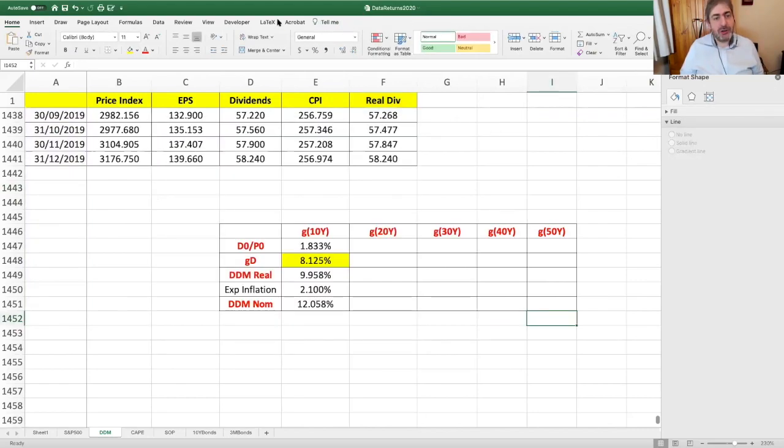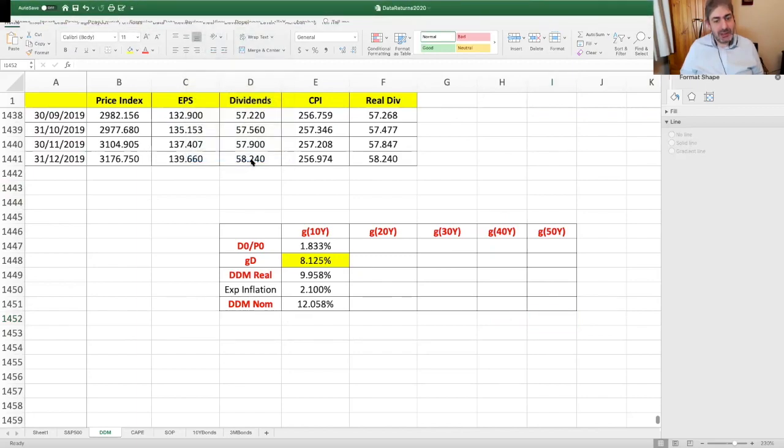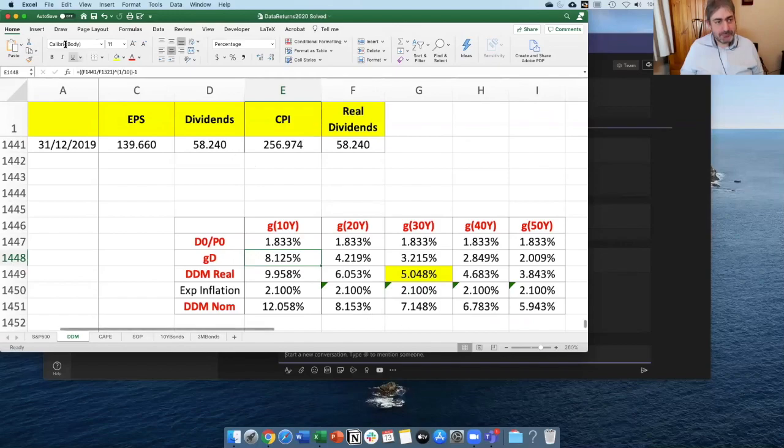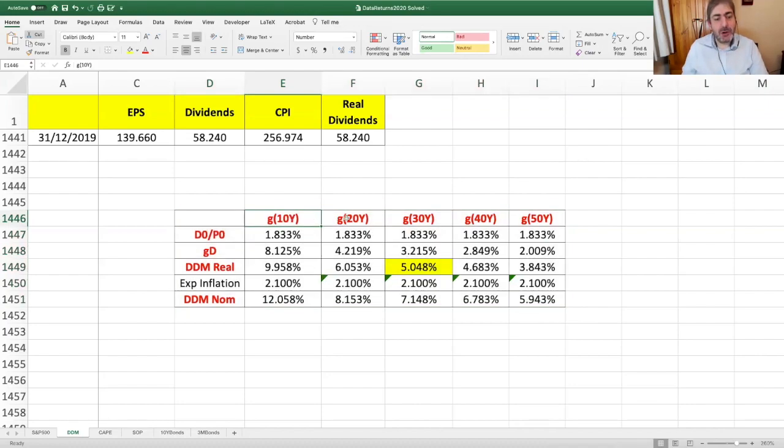So if I can go a second to the solved version of the Excel, you will find here that I've redone the calculation with all the formulas for forecasting growth of dividends using 10, 20, 30, 40, 50 years of data.